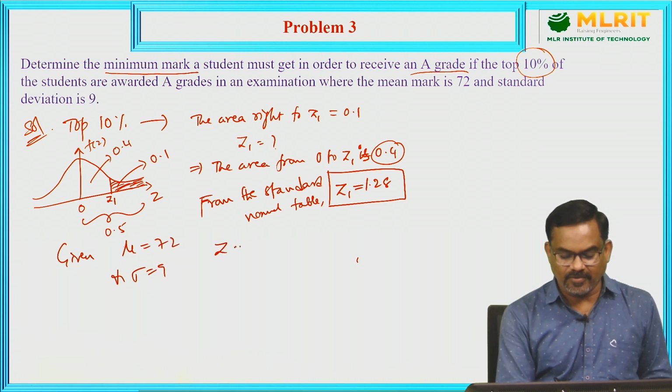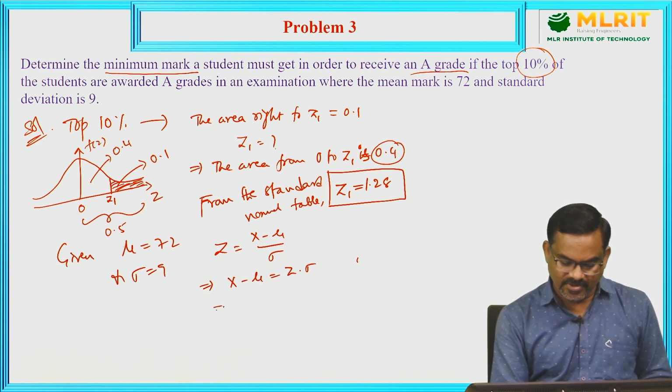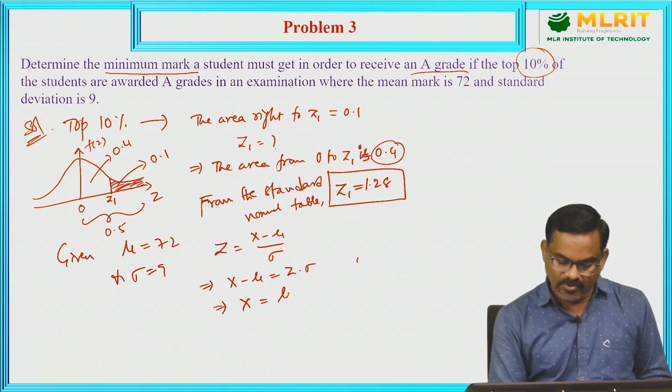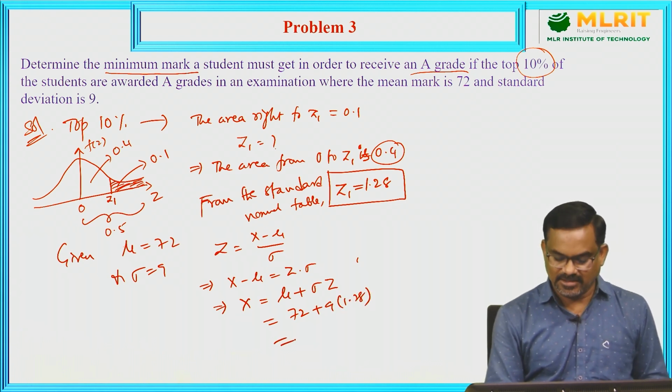So we have the formula z equal to x minus mu by sigma. So from this, x minus mu is z into sigma. So x is mu plus sigma z. So what is mu? 72 plus 9 into 1.28. So if we calculate this, this gives the required value.